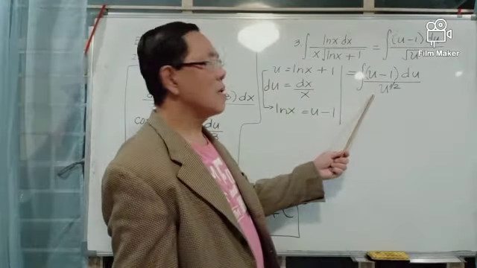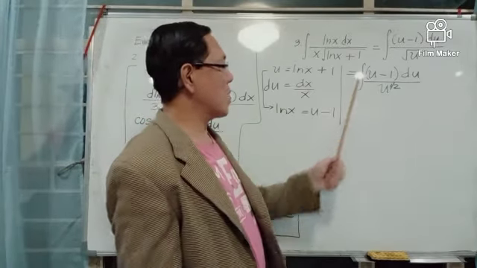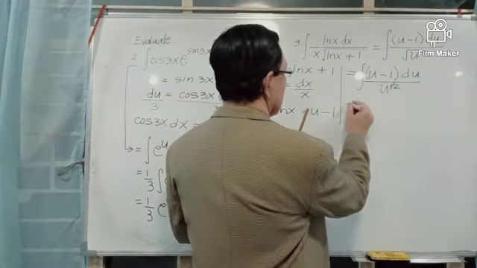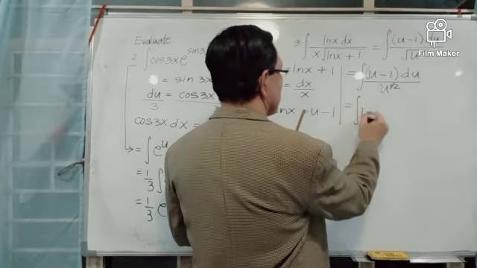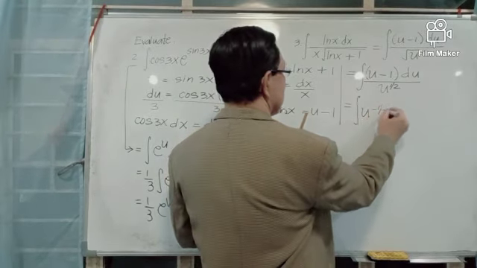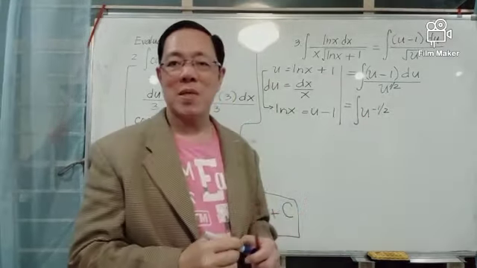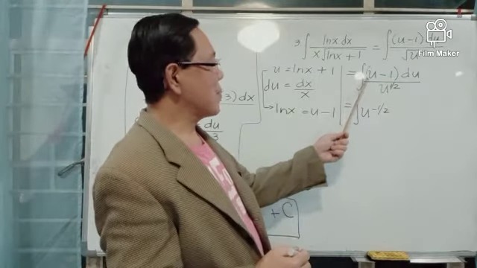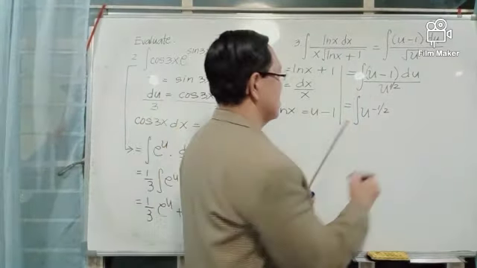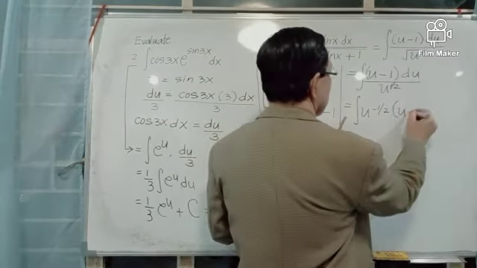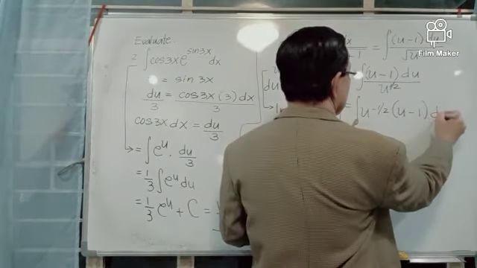We bring u raised to 1/2 to the numerator, and we get the integral of u raised to 1/2. That's by property of exponent, multiplied by u minus 1. Multiply by u minus 1 with respect to u.